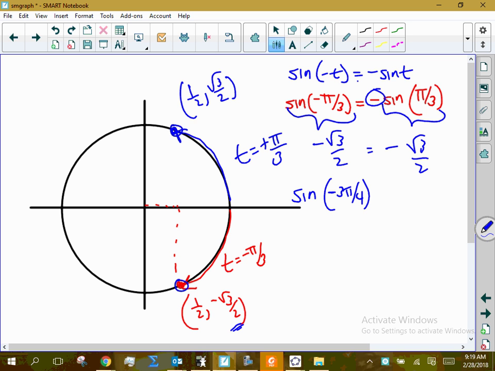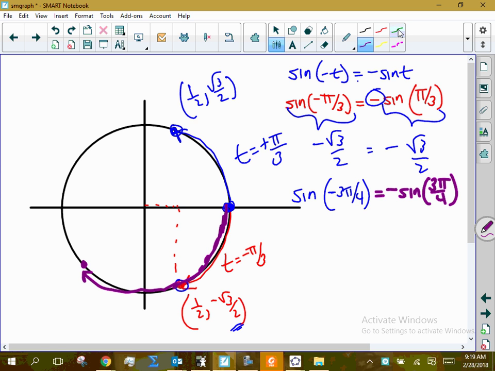What that would mean to us is that I have to travel from there, let me do this in purple, to about right here, and now I have to figure out what that ordered pair is. Well, it's going to be a lot easier to do it this way: the opposite of sine of 3 pi over 4.